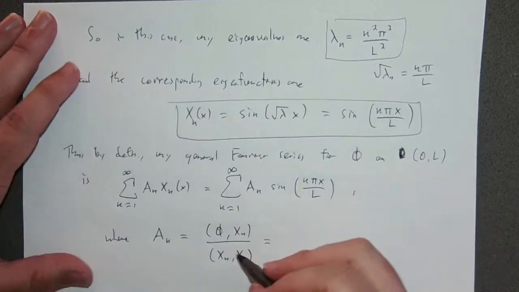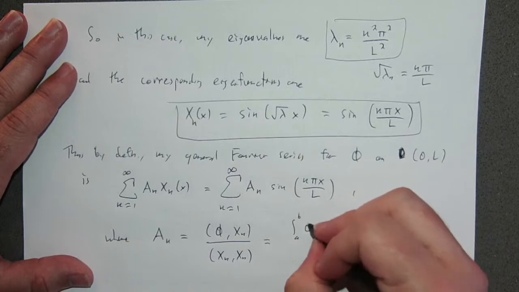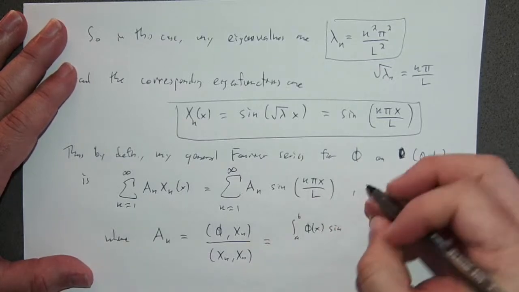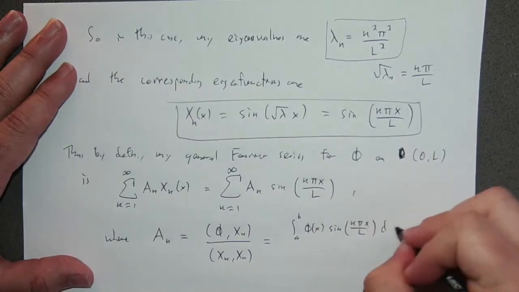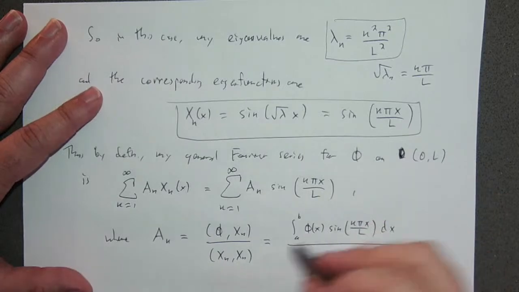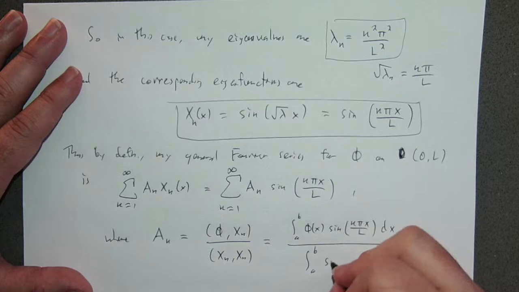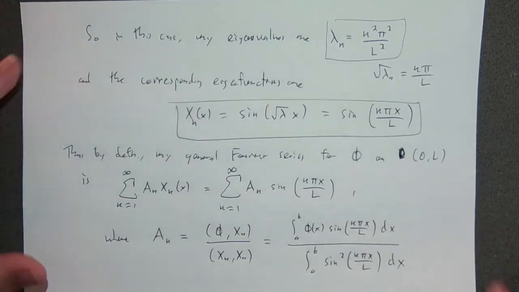But then this is the integral from a to b of phi of x times x sub n, which is sine of n pi x over L dx, divided by the integral from a to b of x sub n paired with itself, which is sine squared of n pi x over L dx.